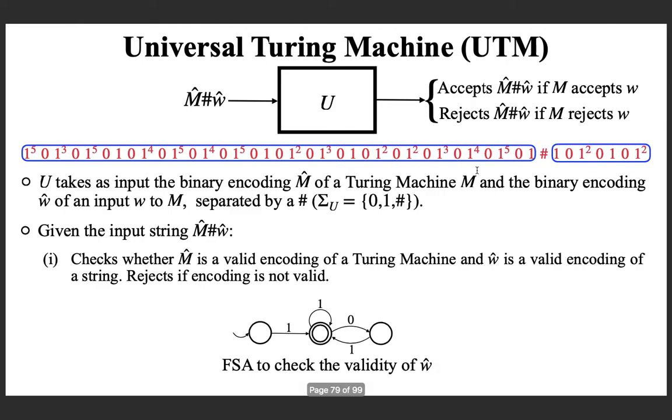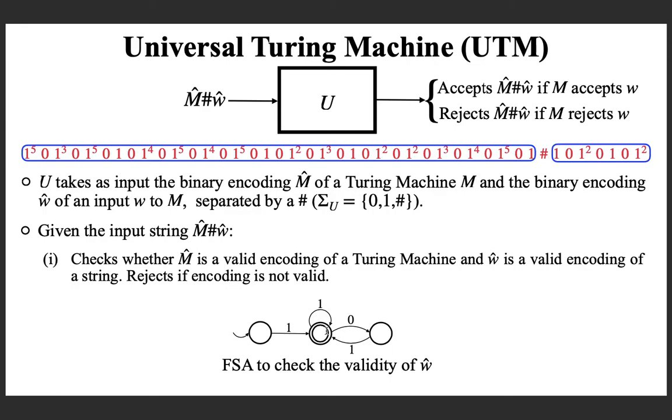Similarly, you can have another Turing machine which is just a finite state automaton to check whether the second encoding is a valid string encoding or not. You say that the first alphabet is represented by a sequence of one or more ones, followed by 0, then the second alphabet again a sequence of 1s, then 0, again a sequence of 1s, so it can have any finite number of alphabets.